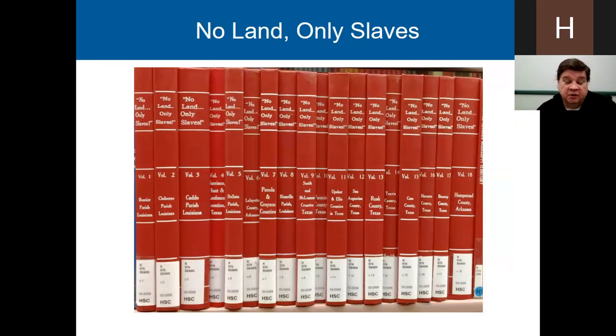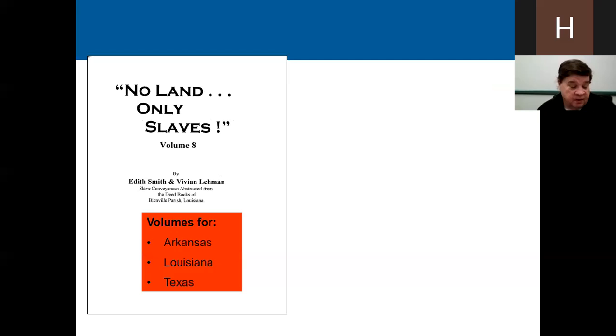Another resource from this time period is a set of books called No Land, Only Slaves. And the authors went through a number of counties and parishes in Texas, Arkansas, and Louisiana. And they went through the deed records. And they didn't extract any information if it was a sale of real estate, but if an enslaved person's sale was recorded in the deed books, they copied it down into these books.